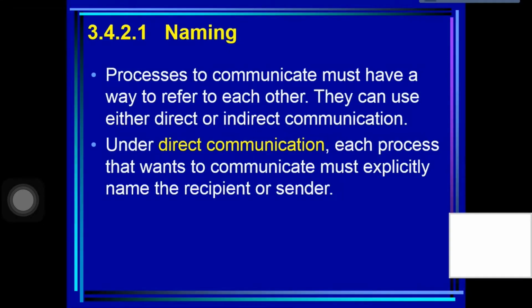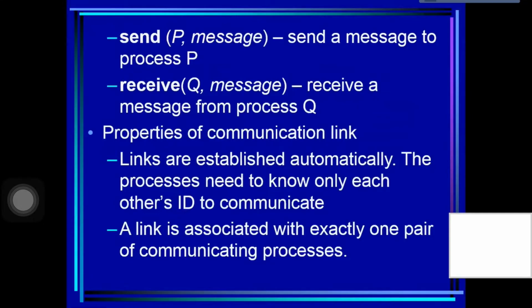In this scheme, the send and receive primitives are defined as send(P, message), send a message to process P, and receive(Q, message), receive a message from process Q.